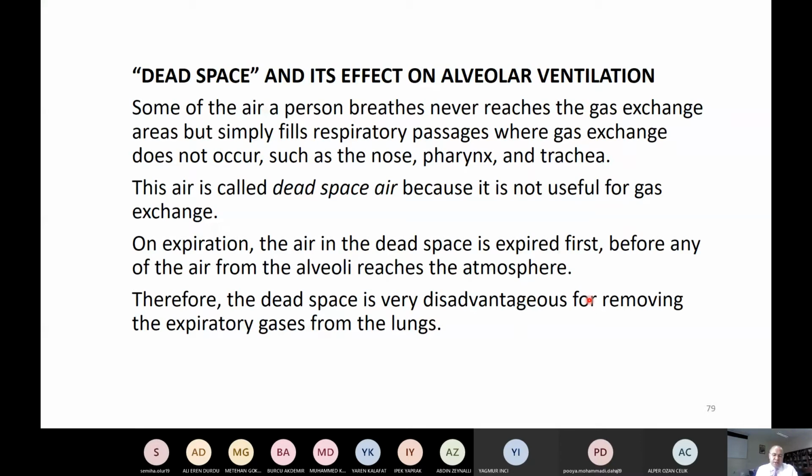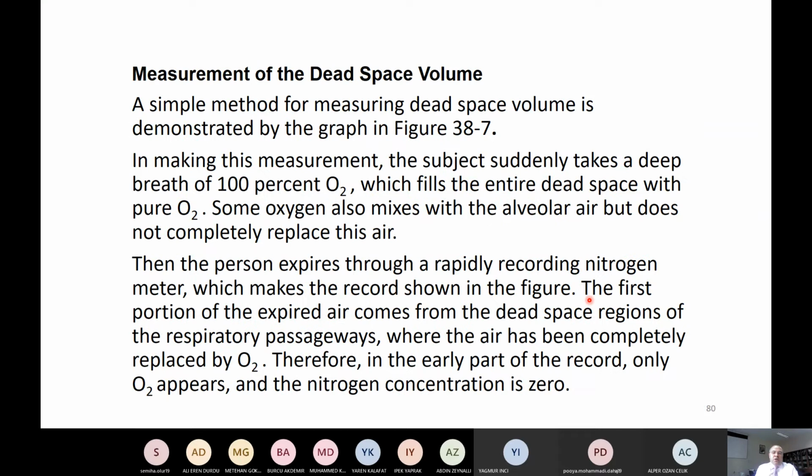The air in this section cannot enter gas exchange. So how to measure the dead space? This time we use pure oxygen.